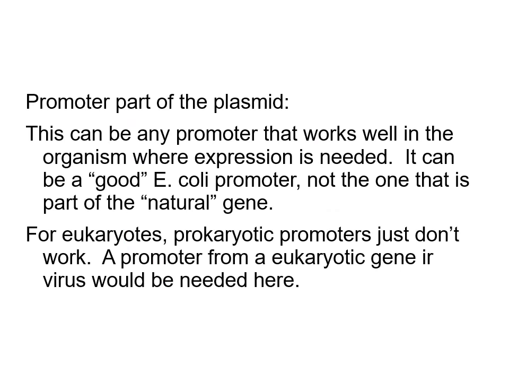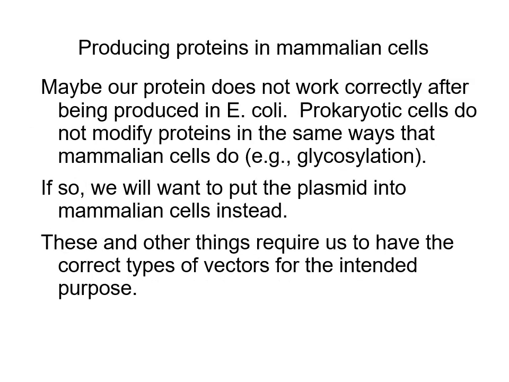Okay, so the promoter can be anything that works well in E. coli. It can be usually a good one, not one that's part of the natural gene necessarily. And sometimes, often, it's important to produce proteins in mammalian cells. So this is taking this a step further, where you're going to cut and paste your molecule using the E. coli plasmid in E. coli cells.